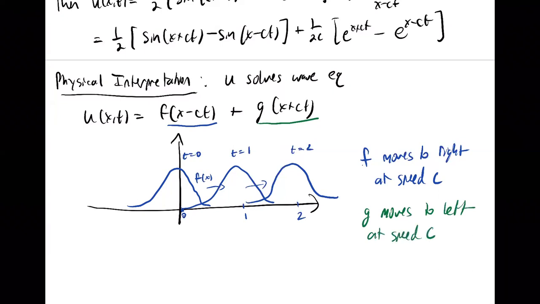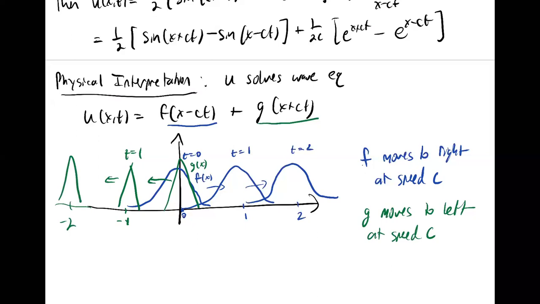Maybe the function g looks something like a peak like this, and so this is my g of x. And now when t is equal to 1, the peak moves to when x is equal to -1, right? So this is when t is equal to 1. And then maybe when t is equal to 2, it again moves to the left at the same speed.